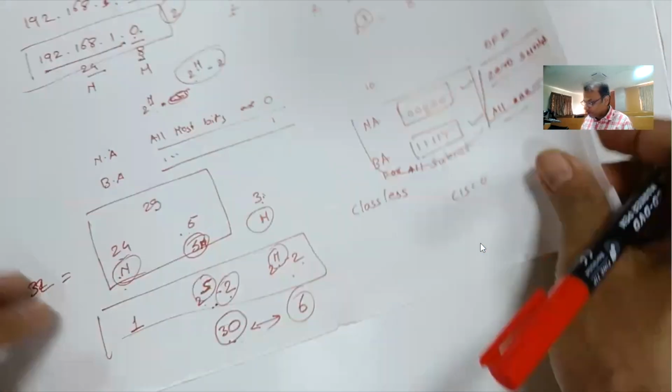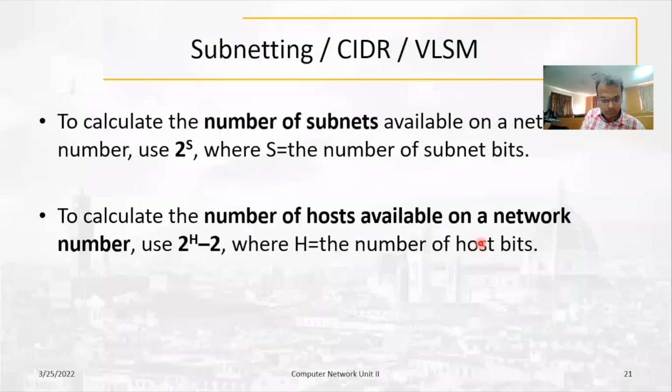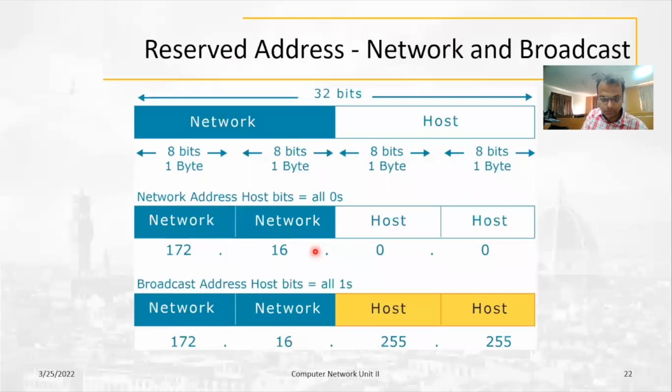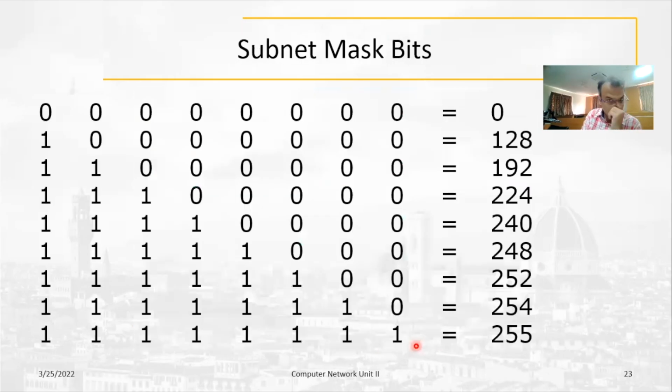So let us actually solve the example. This is what we have discussed: number of subnets and number of hosts. We have also talked about network address and broadcast address. When all the host bits are 0, it becomes a network address. When all host bits are 1, it becomes the broadcast address.